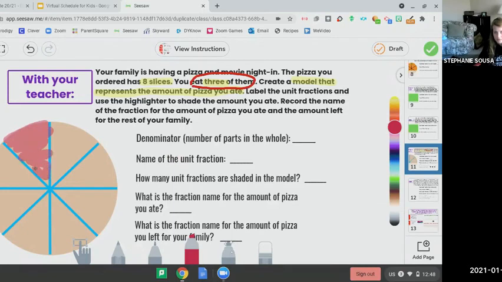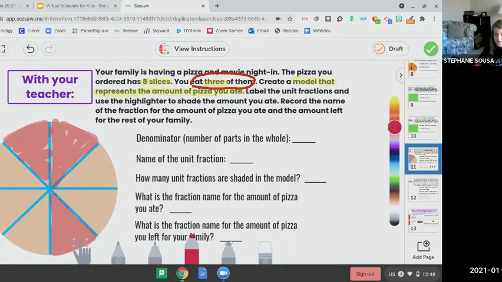So there's 1. Then I ate this piece right here. There's 2. And then this piece over here had more pepperonis on it, so I ate that one. Boom. 3 pieces have been eaten.